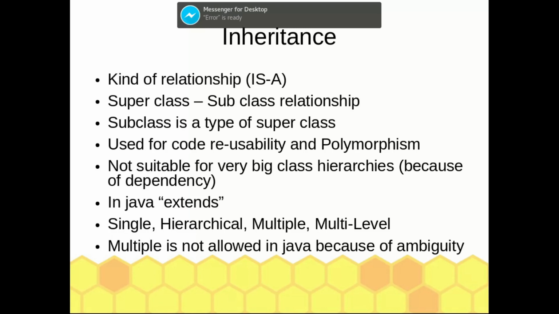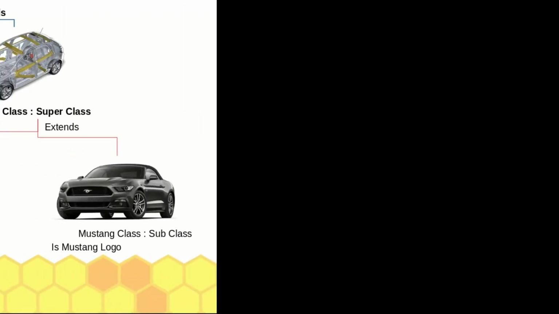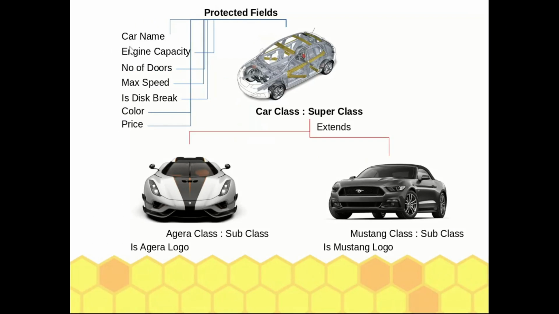Okay, let's do some practicals. So this is my structure to teach you inheritance. You can see here I have a Car class, an Agera class, and a Mustang class. In the Car class there are some protected fields: car name, string; engine capacity, string; number of doors, integer; max speed, integer; is disc brake, boolean; color, string; price, float.